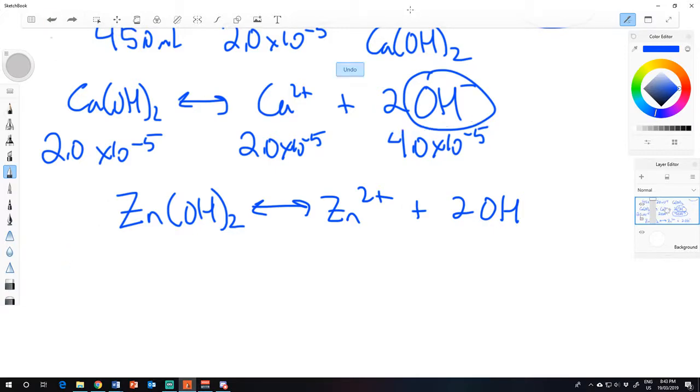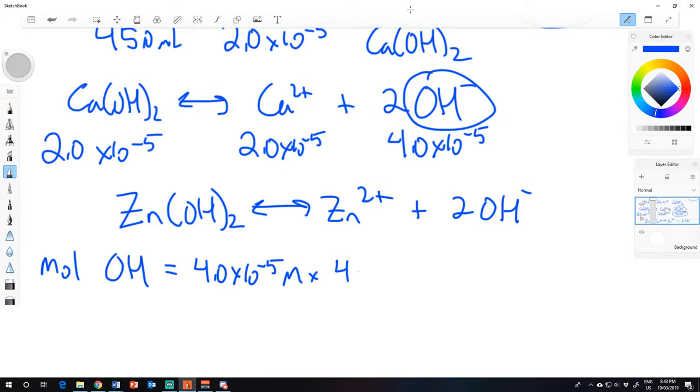All right. Wait. First, like I said before, calculate the moles of OH. That would be 4.0 times 10 to the negative 5 molar times 45 milliliters. Oh wait, I messed that up. Let's read the question. This should be 2.4, so that makes it 4.8.